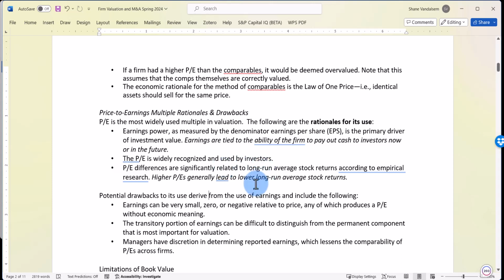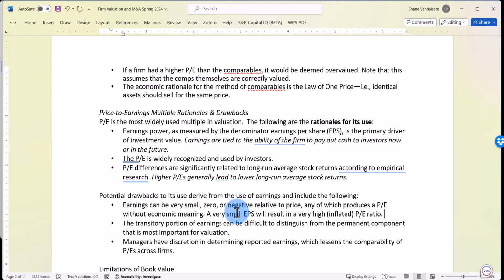So a very small earnings per share will result in a very high, inflated price to earnings ratio, because the denominator in that case is very, very small relative to probably a normal price for a stock.